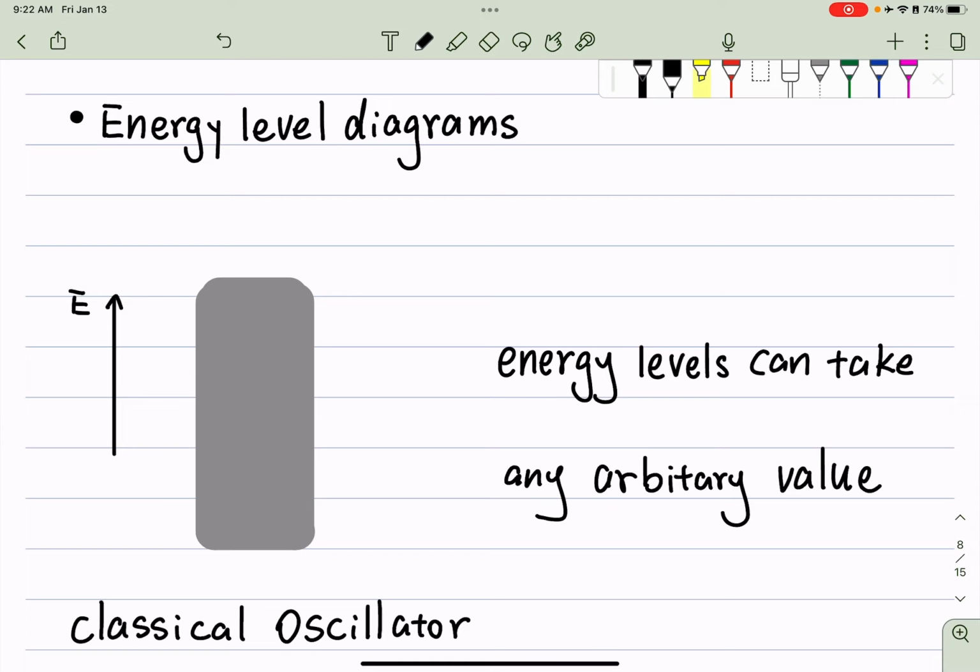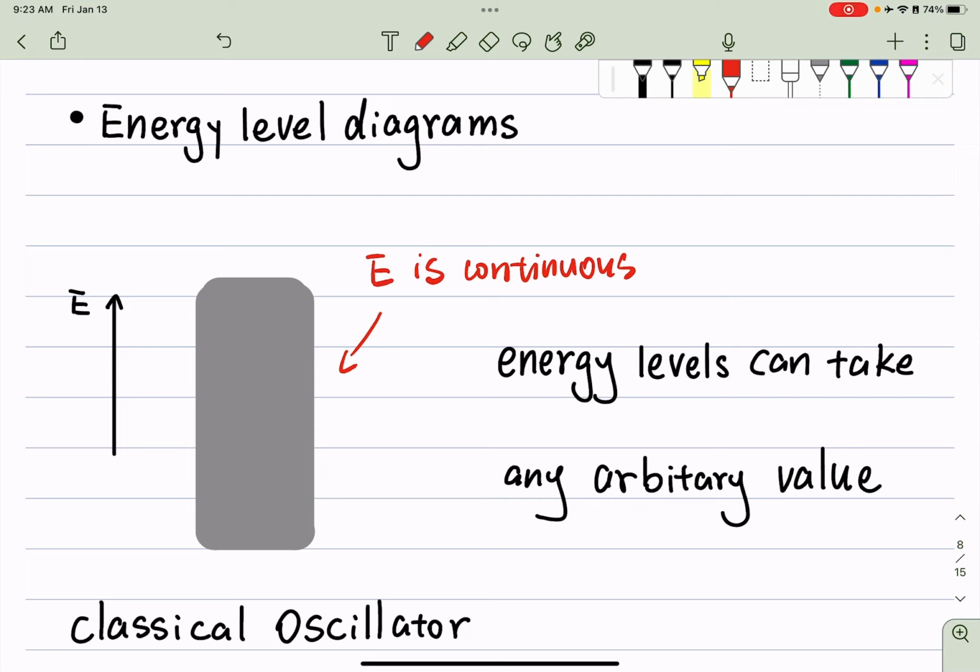Energy levels can take any arbitrary number, right? So this is a continuous process. Energy is continuous in classical theory. Alternatively, now with the quantum hypothesis, remember we're saying the energy level cannot take any arbitrary number.